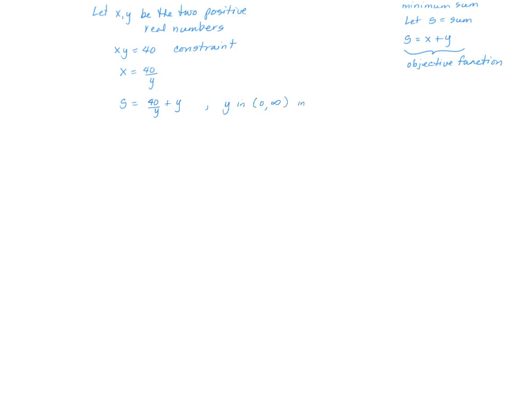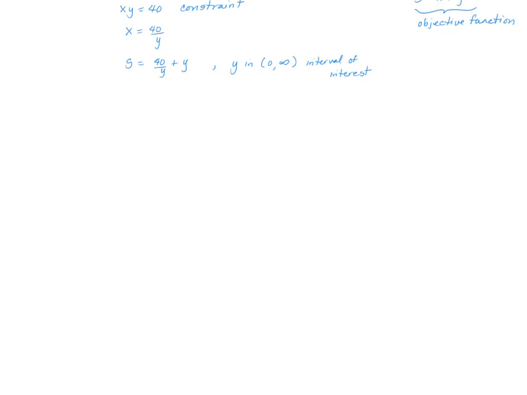Okay, so again, this is the interval of interest. Okay, so how we figure out what a minimum or a maximum is, and here we're talking about absolute minimums and maximums because this is supposed to be the smallest possible sum, so it's an absolute min, is we use calculus.